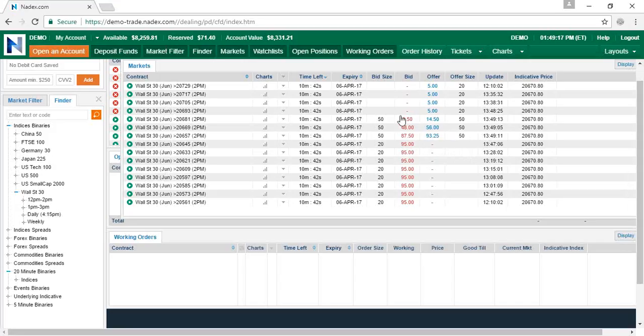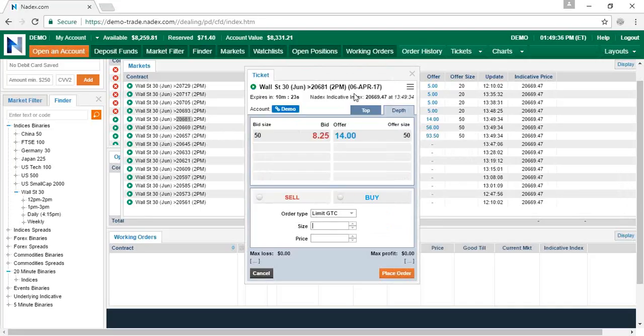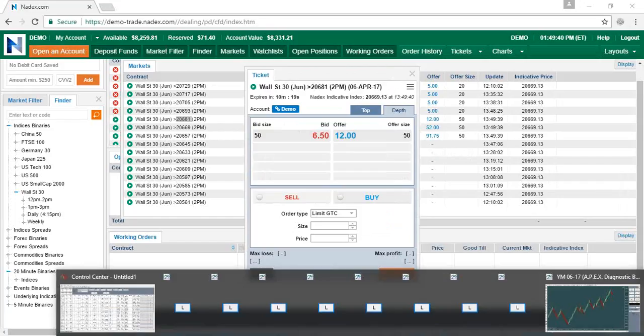But the second piece to that is, notice how I showed you how quick they move to expiration. Because again, it's not just about getting the right one. What if you had gotten this one right here? 20,669. Okay?